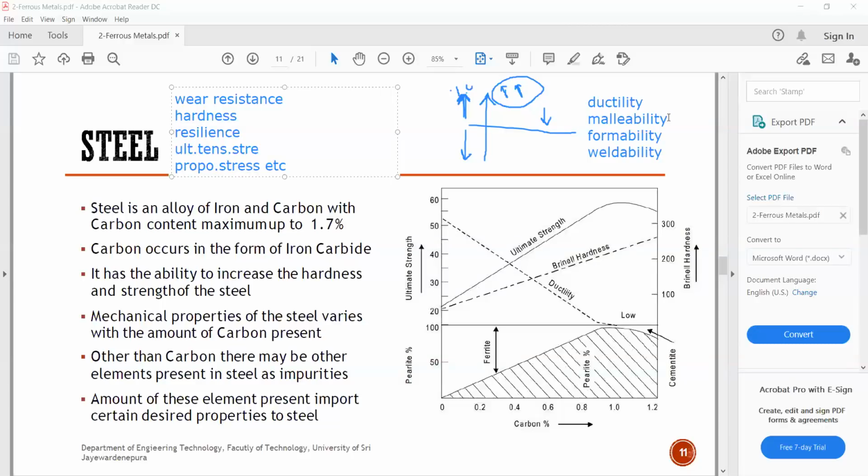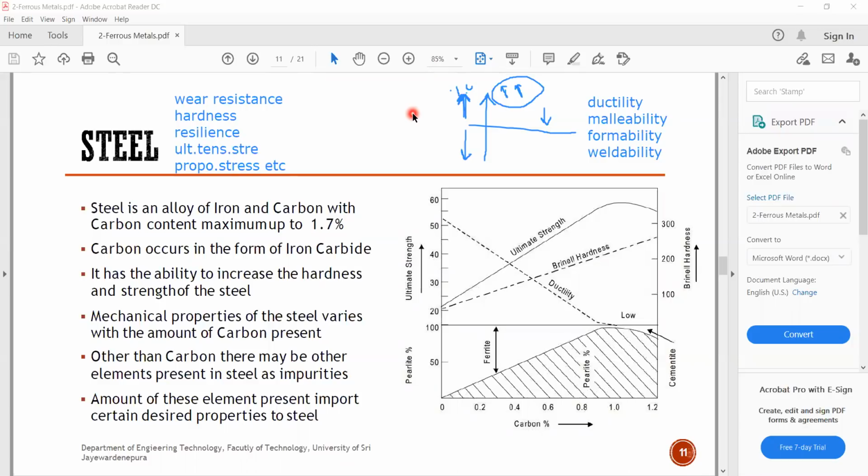Formability and weldability, you know the meaning. You can do any forming process or any welding process. So these properties will be decreased when you increase the percentage of carbon, and those other properties will be increased, right?